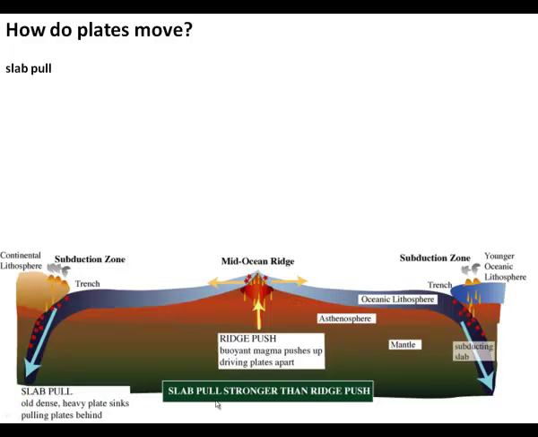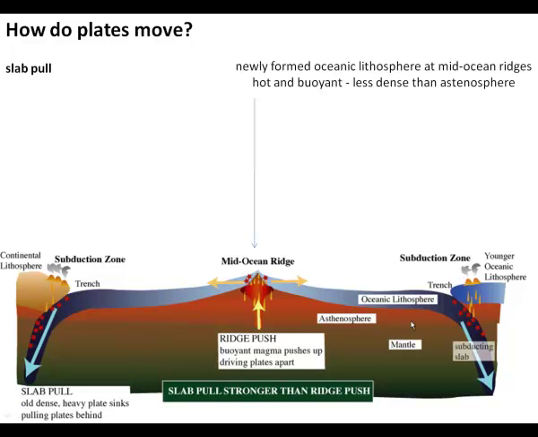The slab pull model, on the other hand, envisages that the newly formed oceanic lithosphere that's being created at the mid-ocean ridges is hot and buoyant. It's less dense than the asthenosphere, and as the buoyant magma pushes up, the plates are driven apart either side of the mid-ocean ridge.